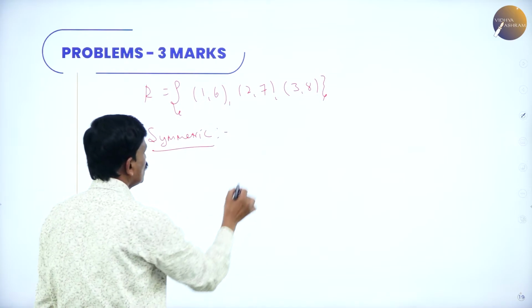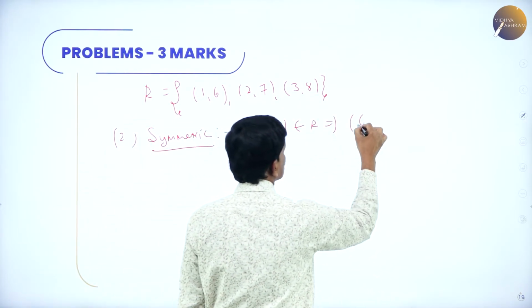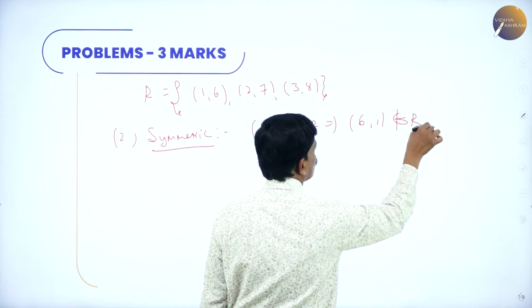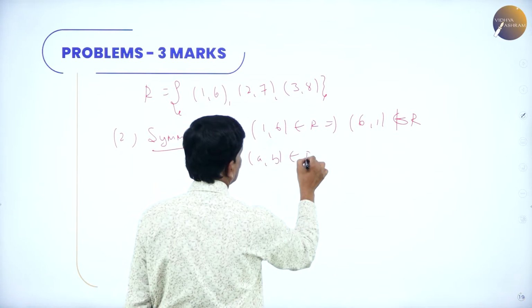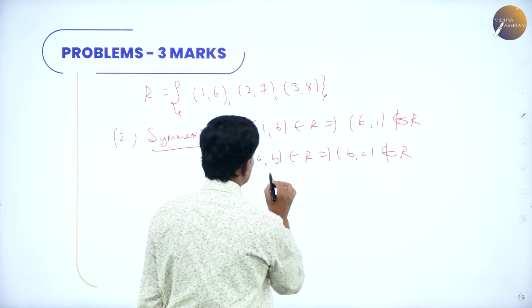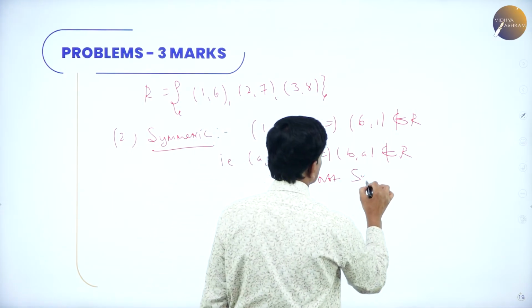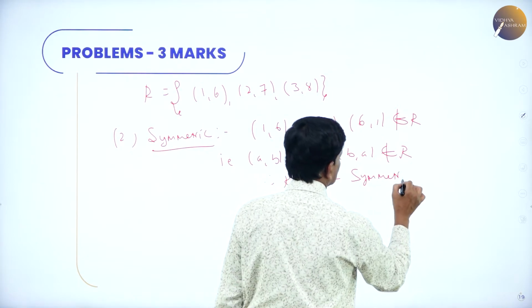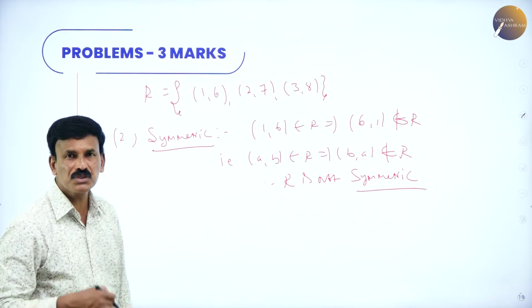Here 1 comma 6 belongs to R implies 6 comma 1 does not belong to R. That is A comma B belongs to R implies B comma A does not belong to R. So therefore R is not symmetric.